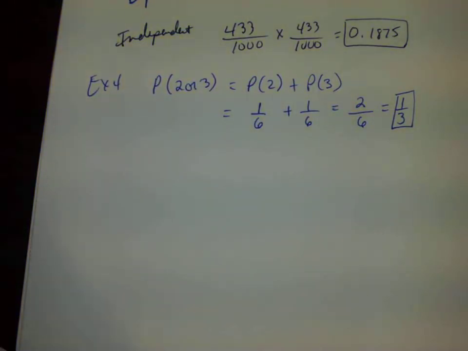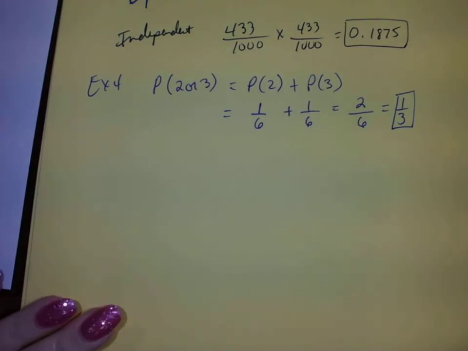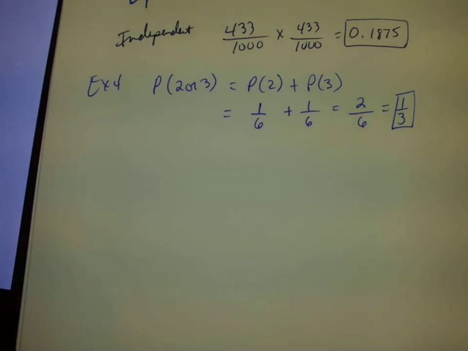Alrighty, so let's go write out what we've got here. So we can kind of see what's going on. We have the probability of trying to find French or women.